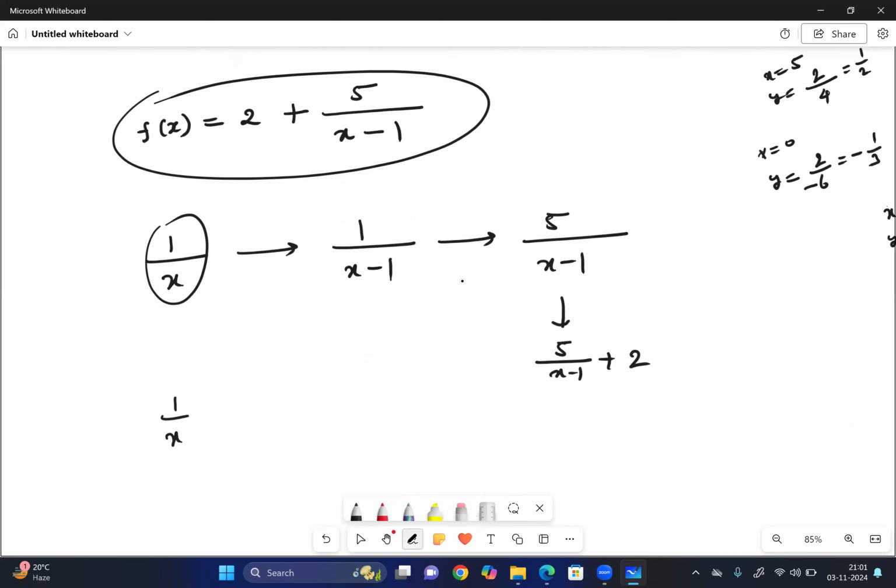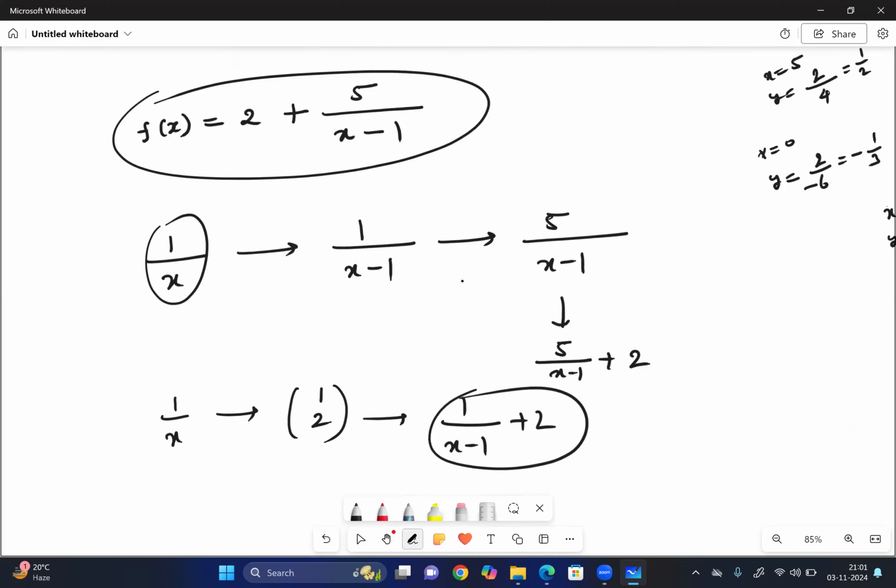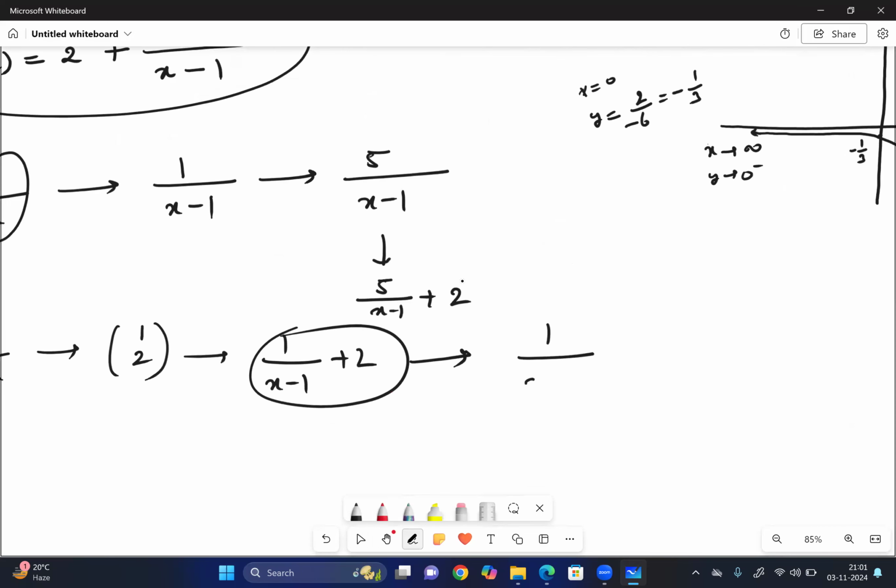If you are just doing the translation, for example, translating by 1 and 2, then it becomes x minus 1 plus 2. And if you are solving it, you can write 2x minus 1 upon x minus 1.